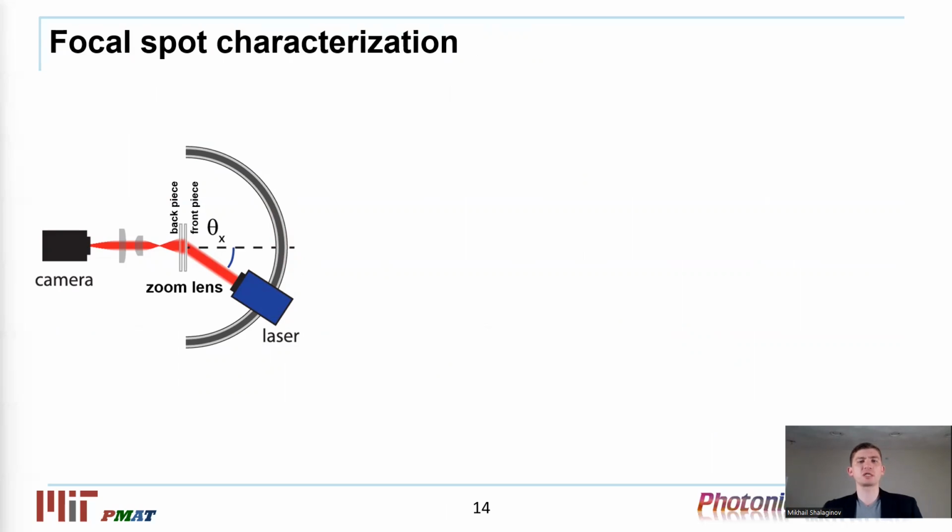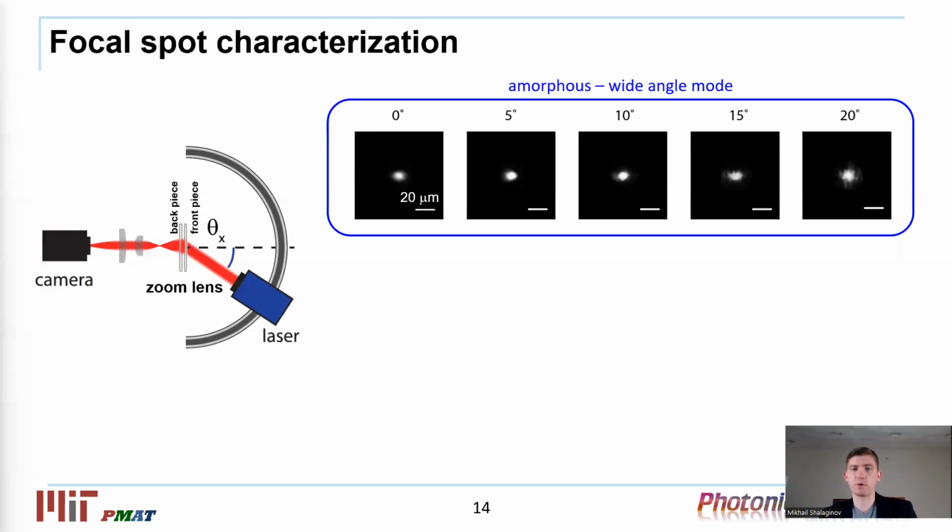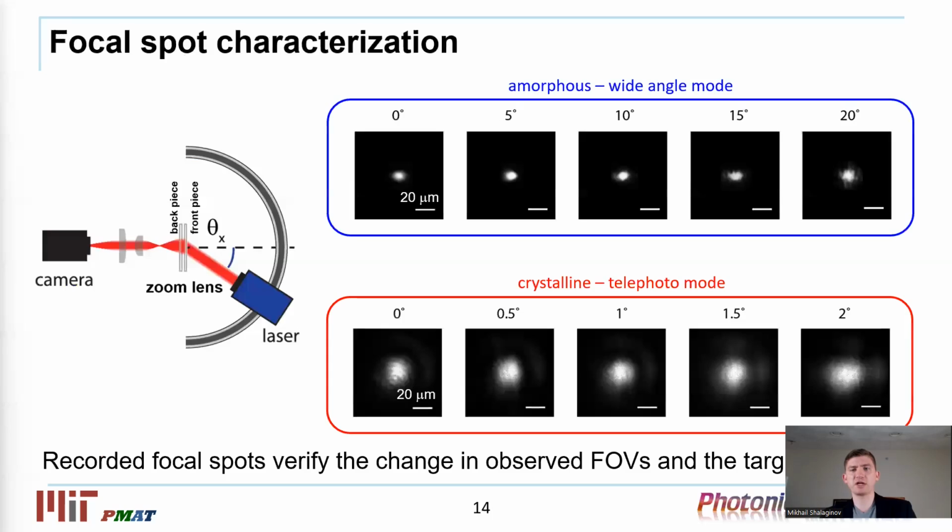Focal spot images were magnified using a relay lens assembly and projected onto a liquid nitrogen-cooled indium antimonide focal plane array. The recorded focal spots are nearly diffraction limited and serve as a verification of the designed field of view and the target 10x zoom ratio.